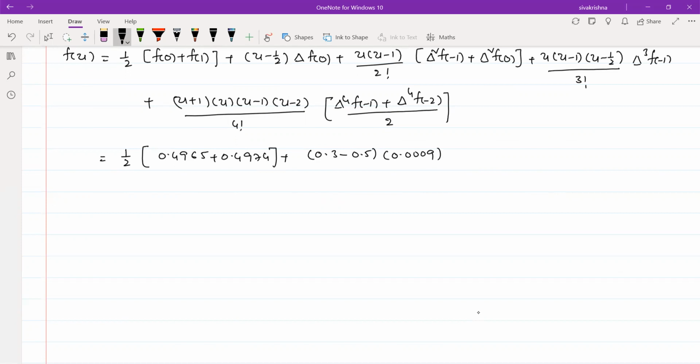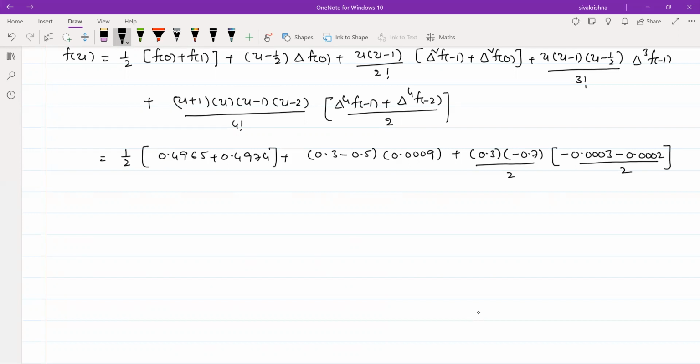After that, once again we write u is 0.3, u minus 1 is minus 0.7, by 2 factorial, that means 2, into delta square f of minus 1. So the delta square f of minus 1 is minus 0.0003, plus minus 0.0002, by 2.